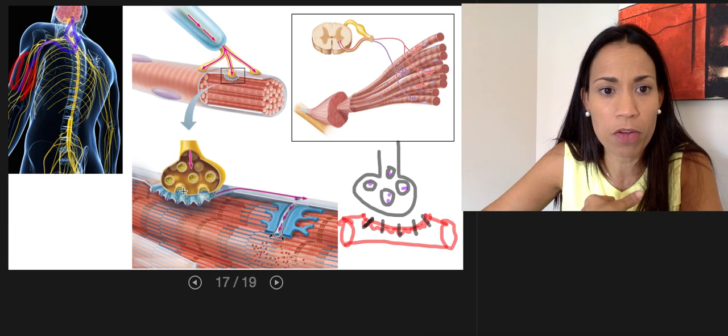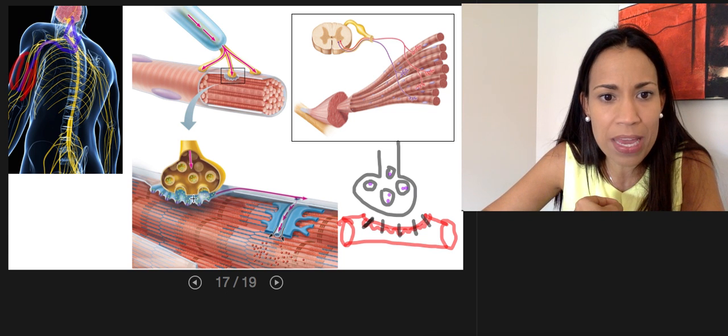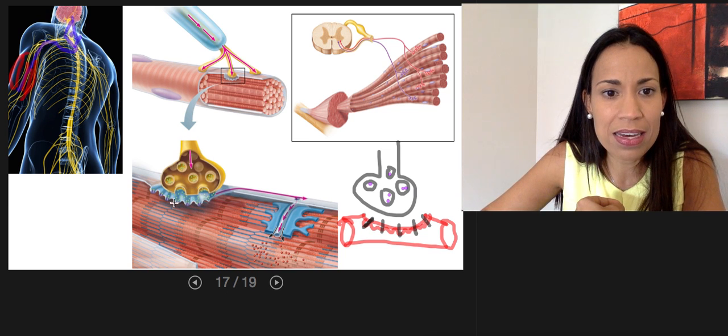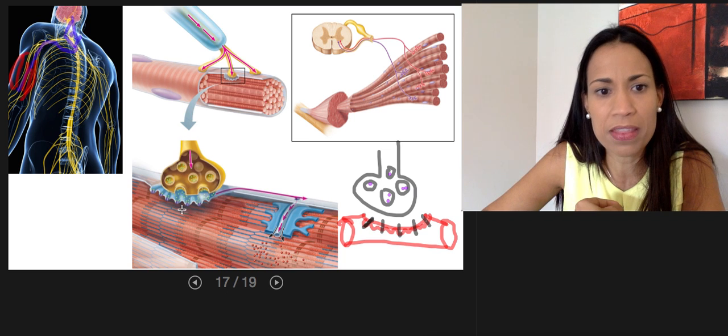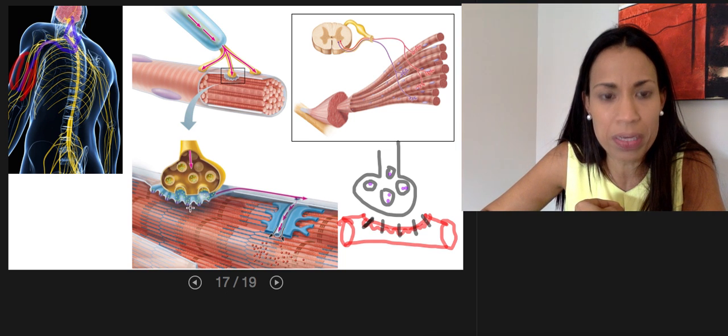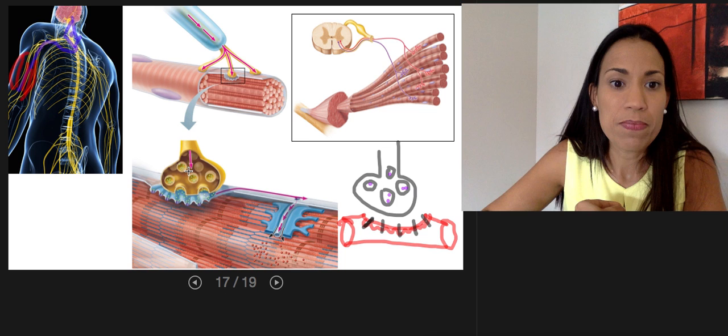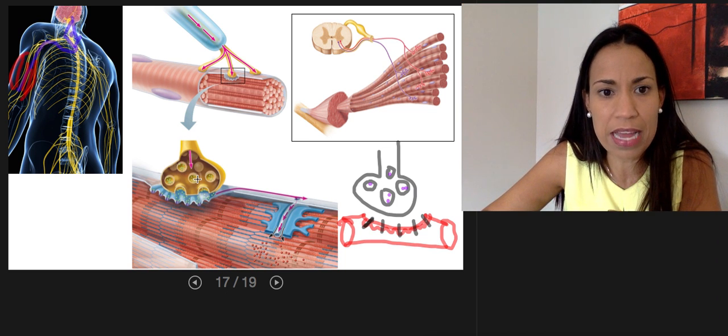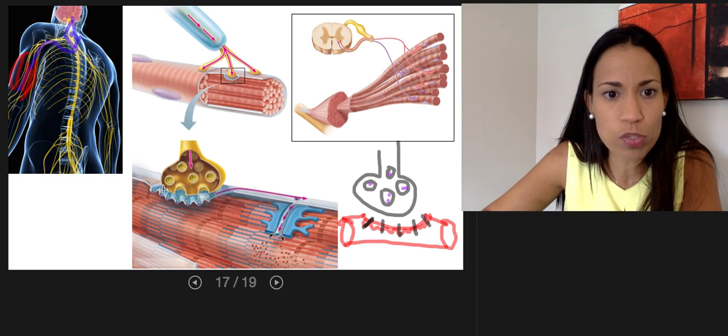We already know that process, and it releases that neurotransmitter in this space between the synaptic knob and the sarcolemma of the muscle fiber. The sarcolemma on this area, this folded part of the sarcolemma, is called the motor end plate. The bulb or the knob is the synaptic knob, and the space between the synaptic knob and the motor end plate is called the synaptic cleft.